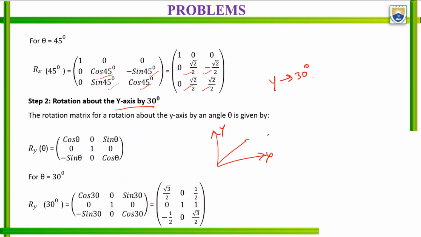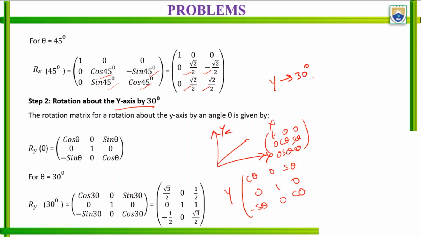At x-axis, what was that given? 1 0 0 0 cos sin, 0 sin cos, right? This was for x-axis. In the same way, for y-axis, what is the rotational matrix? Cos theta 0 sin theta 0 1 0 minus sin theta 0 cos theta.